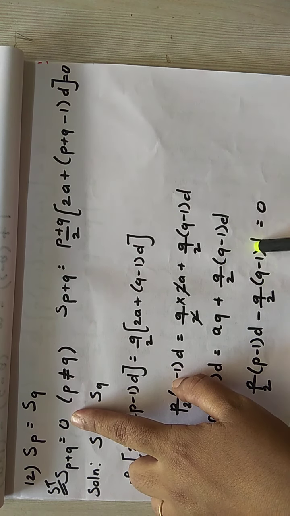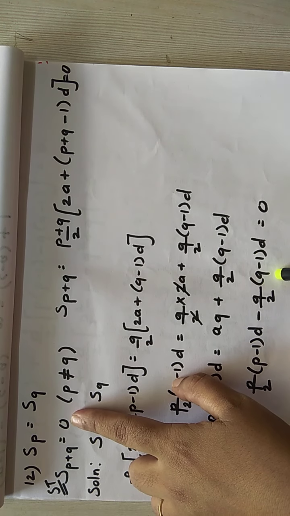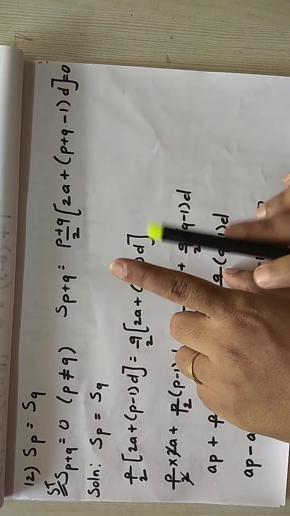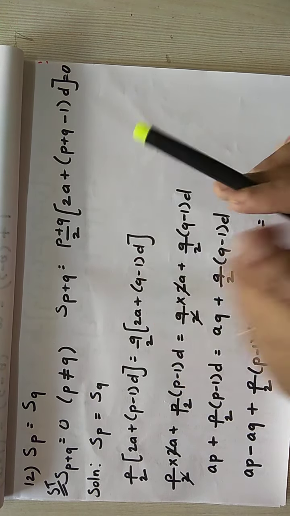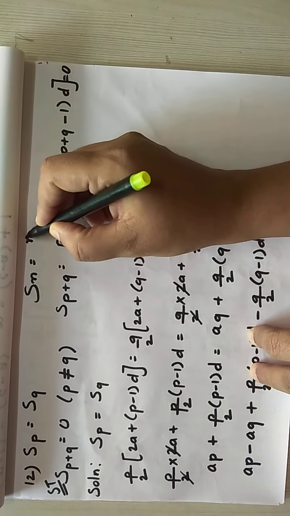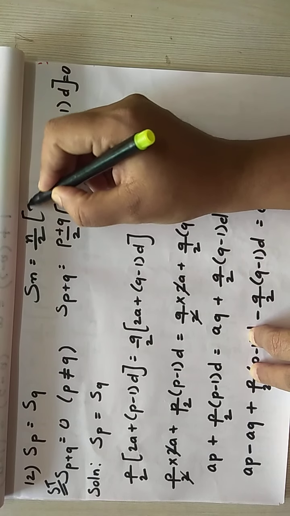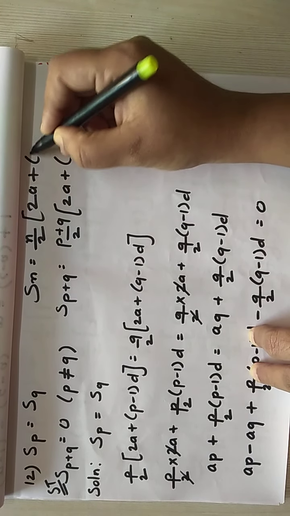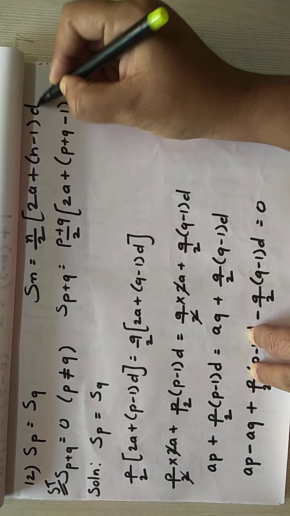Now let's recall the formula of Sn. Sn formula is n upon 2 into (2a plus (n minus 1) into d).